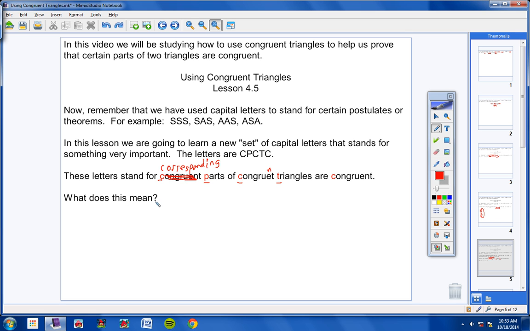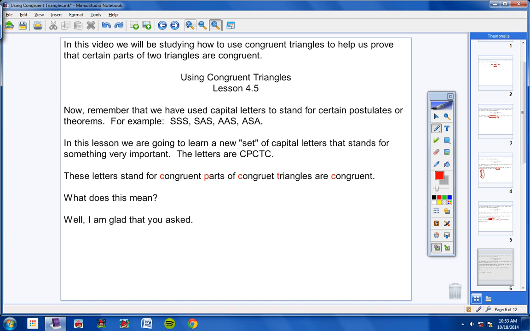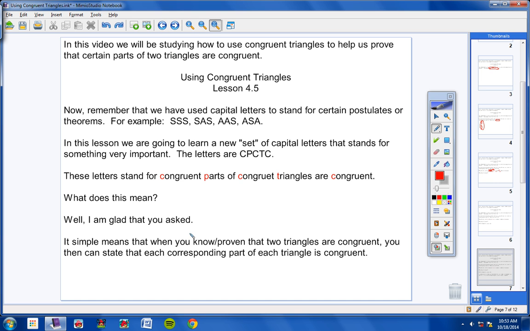What does it mean when I say corresponding parts of congruent triangles are congruent? Well, I'm glad that you asked, okay? It simply means that when you know or prove that two triangles are congruent, you then can state that the corresponding parts are congruent. Doesn't that make sense?